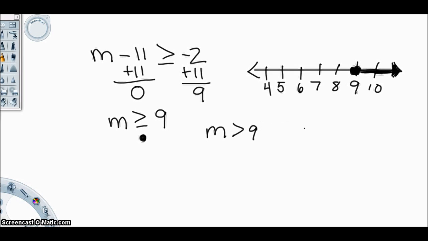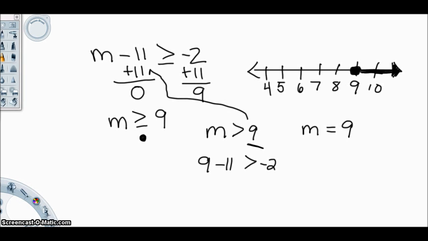So now we're going to see if this is right. We're going to check our answer. I need to split this into two different problems. I need m is greater than 9, and I need m is equal to 9. So we're going to be substituting 9 into the equation like we would with an equality, even though this is an inequality. But here we're going to see that we can't substitute 9 in for when it says greater than.